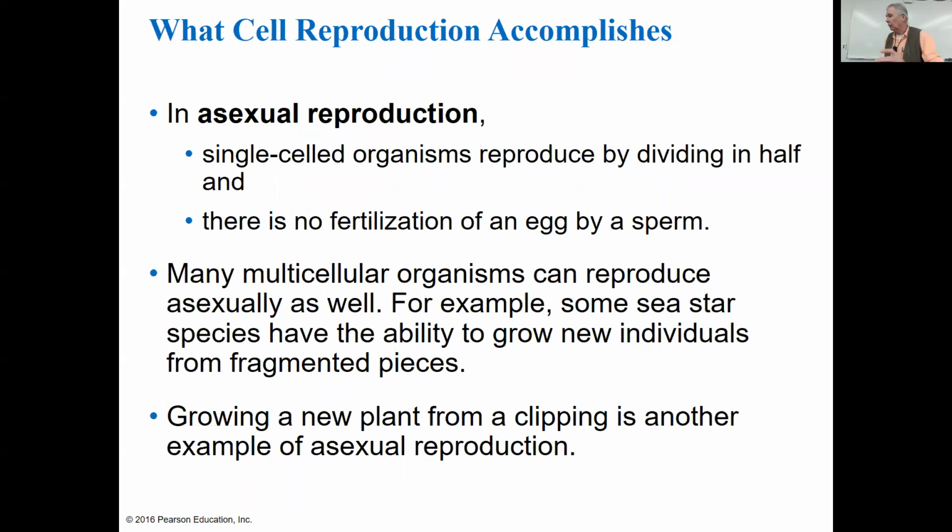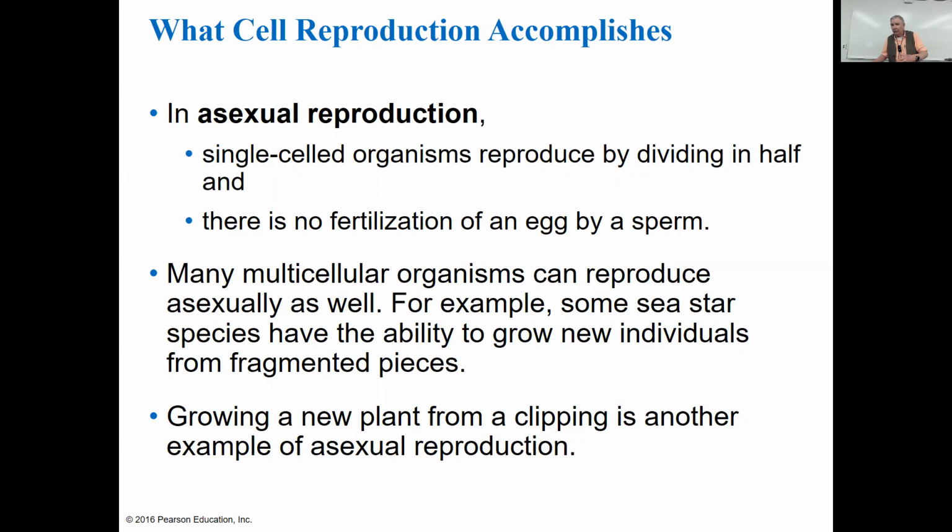Okay, in asexual reproduction, single cell organisms reproduce by dividing in half. And there's no fertilization of an egg by sperm. We don't talk about eggs and sperm, we talk about asexual reproduction. And as I just mentioned, many multicellular organisms can reproduce asexually and sexually. So the sea star that was able to grow a new organism from a severed arm has male and female sea stars, and they can have sex.